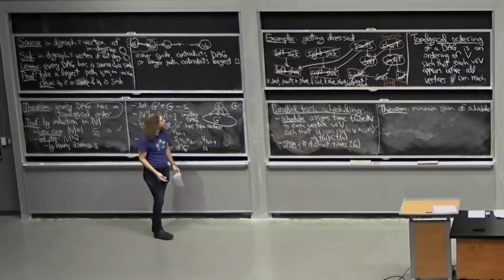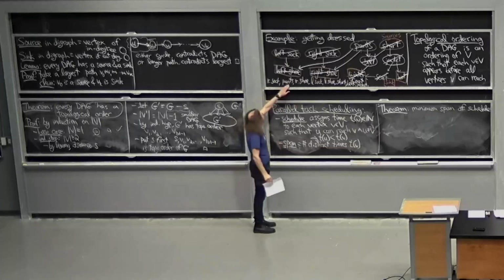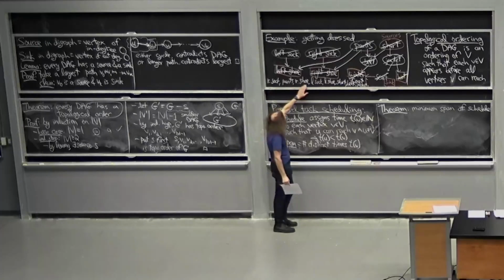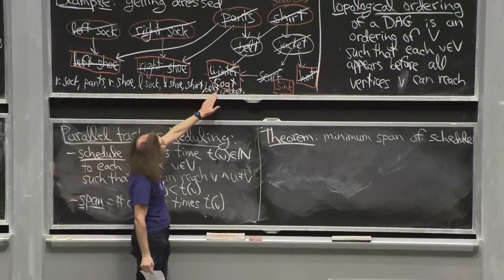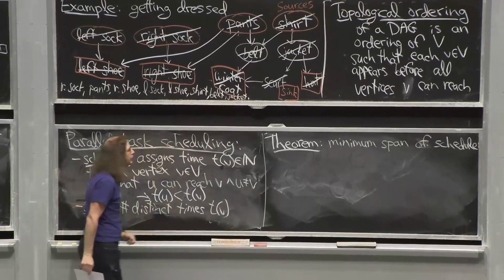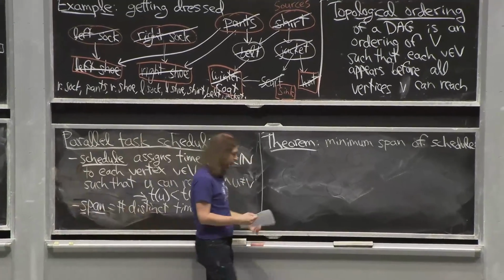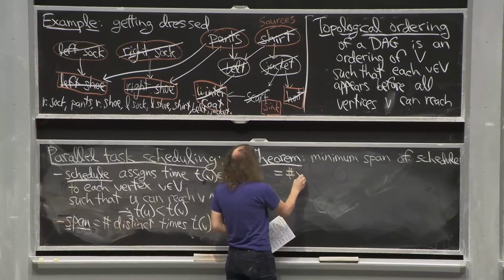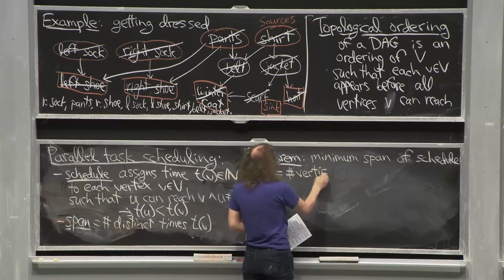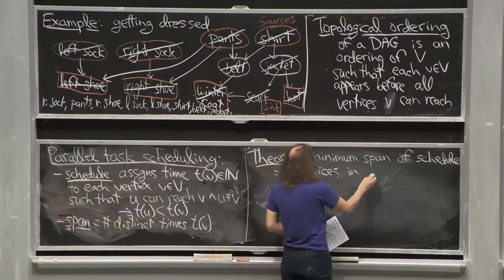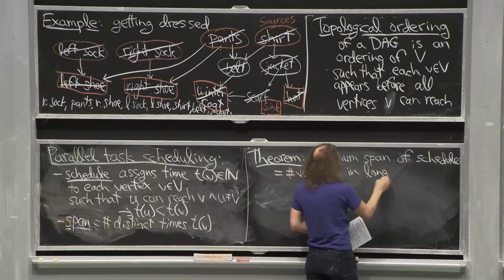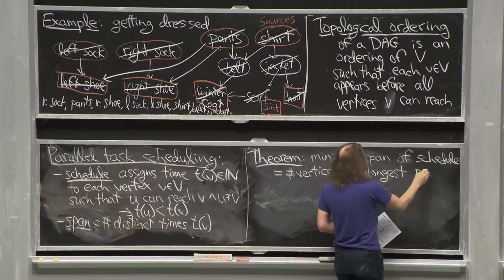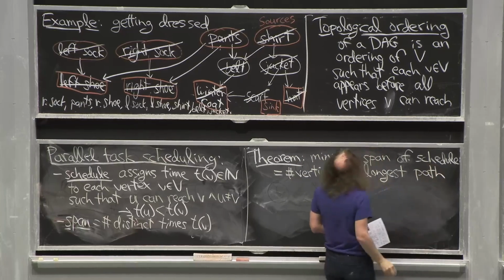We could do right sock in time 0, pants in time 1, right shoe in time 2. Like we could do this sequentially, one task at a time. But if I want to minimize the span, I want to do lots of things in parallel. This is equal to the number of vertices in the longest path in the graph. It's a very simple characterization of how long this takes.